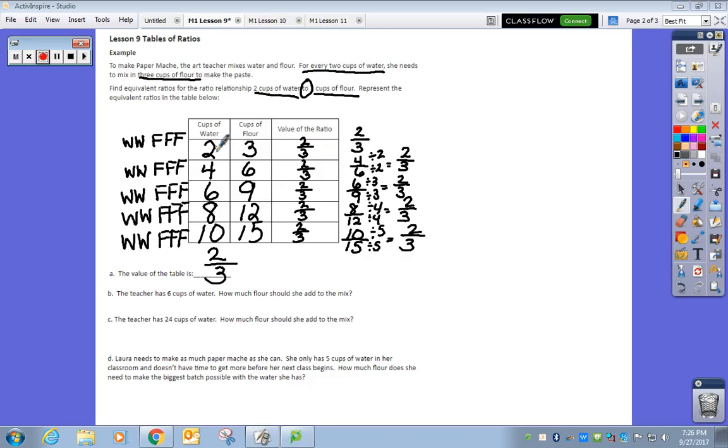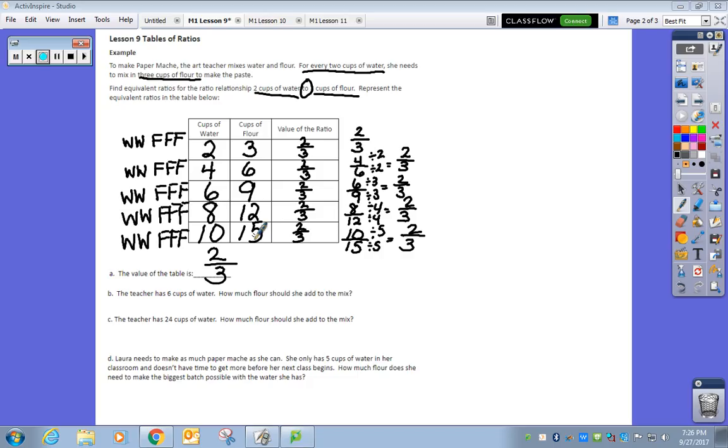What that means is I can just see what I'm counting by down each column. So since this is starting with 2 in the water column, I'm just counting by 2s as I go down. In my flour column, I'm counting by 3s. So just something to look at with the construction of a ratio table.